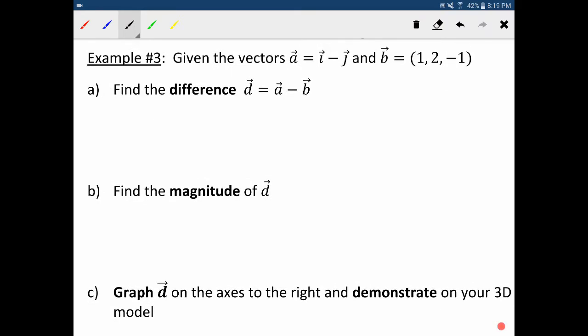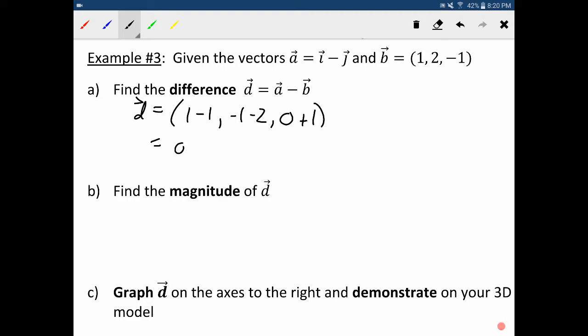So d is equal to 1 minus 1, the j is negative 1 minus 2, and for our k, you'll notice there is no k in vector a. That just means there's a 0 in front of it. So we've got 0 minus negative 1, which is just positive 1.